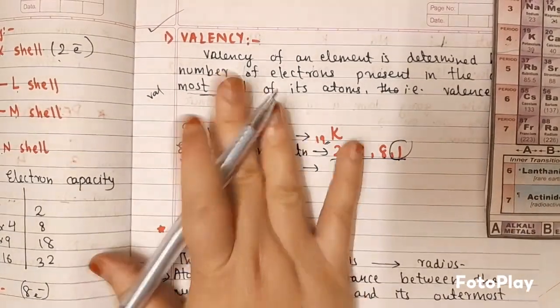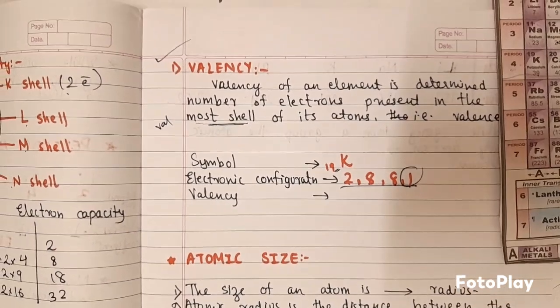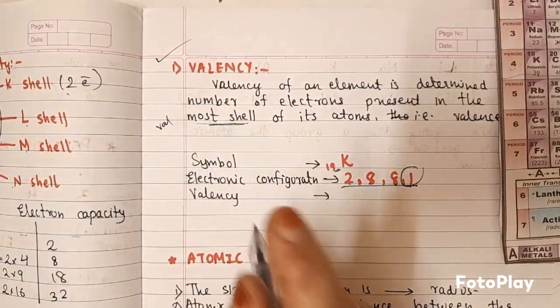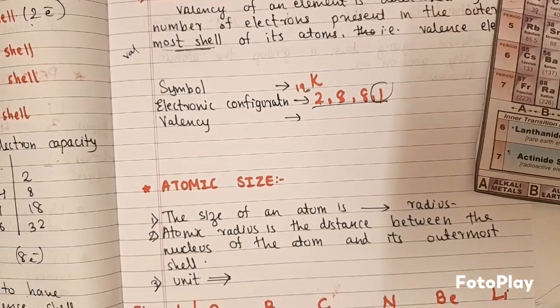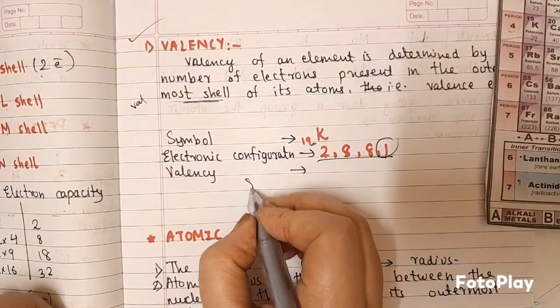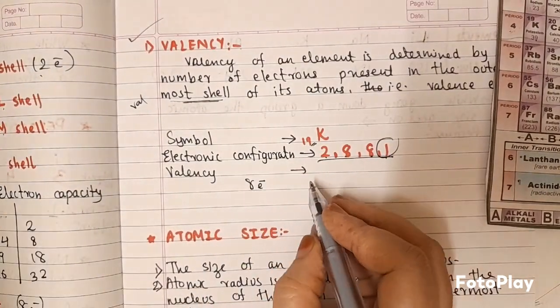Okay, so here we will also discuss valency of an element. Like in octet we have 8 electrons, right? So I am writing 8 electrons here. Now we will distribute it.